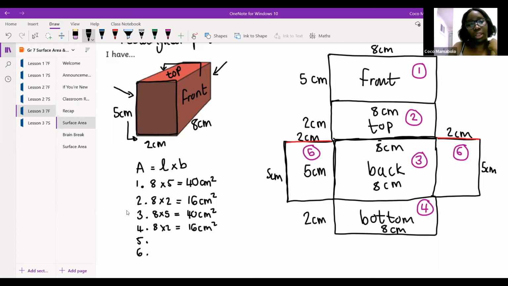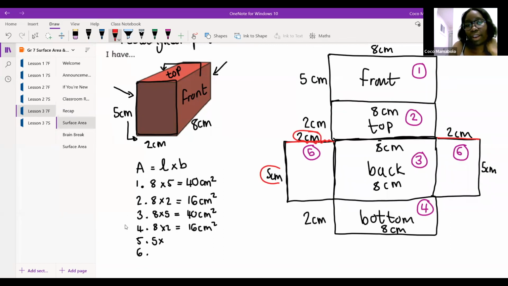Ma'am, it's 5 times 5, ma'am. Oh, why 5 times 5? Ma'am, because it says here number 5 is 5 centimeters. Yes, so it's 5 centimeters over there, but what is the breadth of my side, Liam? 2 centimeters. Good.